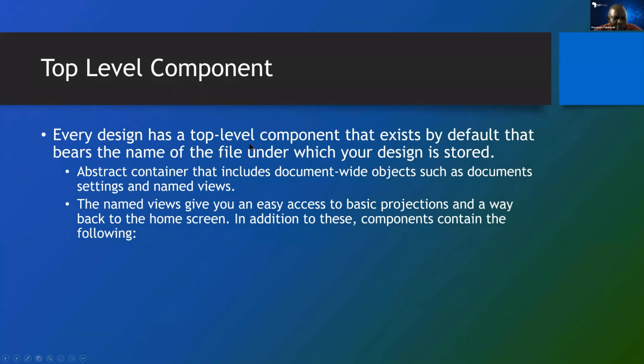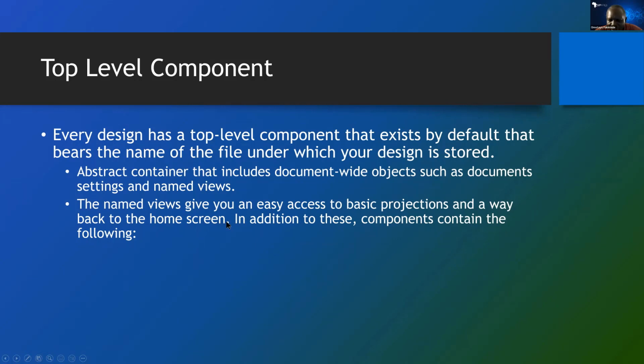Now, a top level component or any component is an abstract container that includes document-wide objects, such as document settings and named views. The named views give you easy access to basic projections and a way back to your home screen.